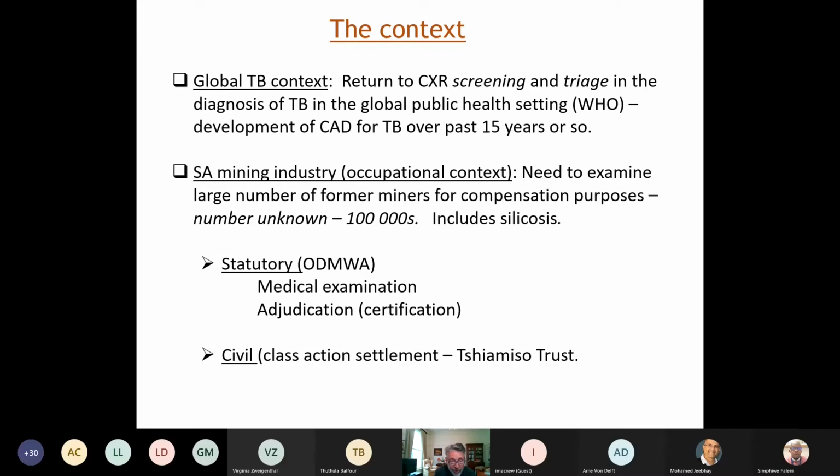In the civil arena, the Khula Trust is the vehicle that was set up following the class action suit, and it has the same mandate: to find, invite, examine, which includes X-rays, and adjudicate the claims for compensation for both tuberculosis and silicosis in active and former miners.